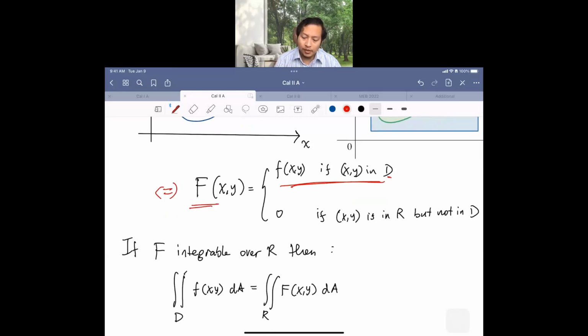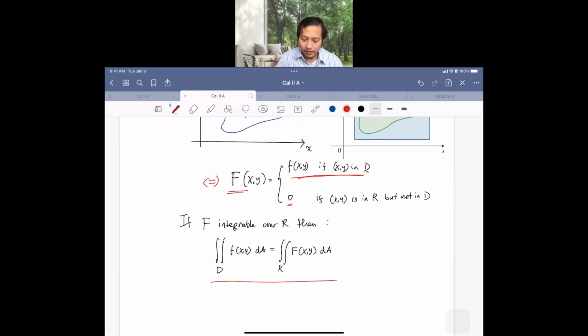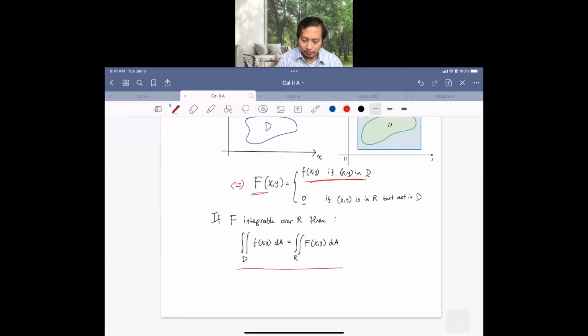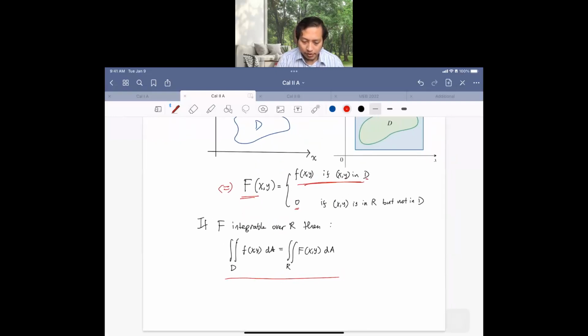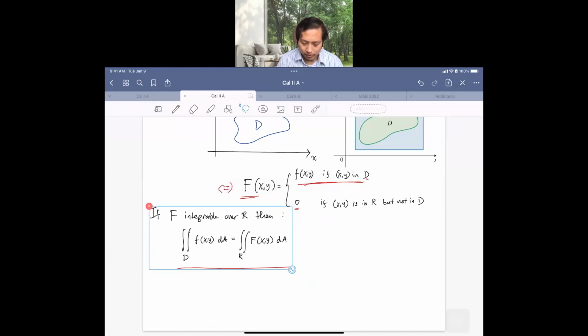But when the point is outside D but still in the rectangle R, we can say this will be 0. So we can say that this is pretty much equal. What this practically means, let me make this a little bit smaller and resize a little bit.